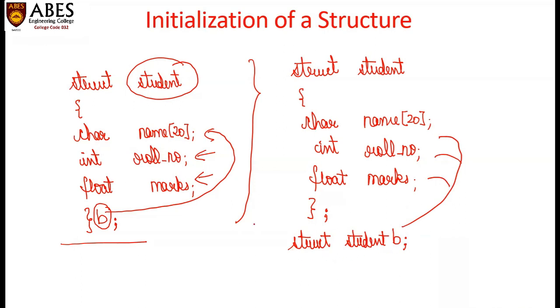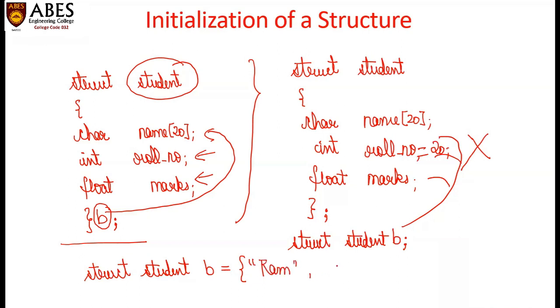Okay. If I want to initialize the values of these data members, then I cannot assign like this: int roll number is equal to 20. We cannot initialize the data members of a structure like this. If I want to do it, then we have to do it manually, like struct student B is equal to, let us say, name is Ram, roll number is 20, and marks are 54.